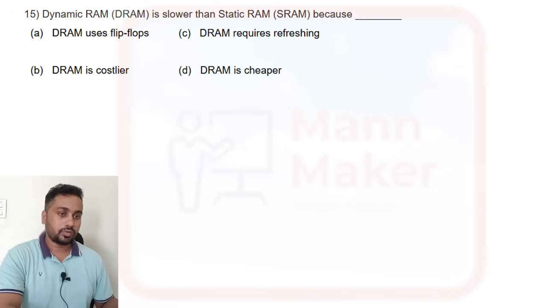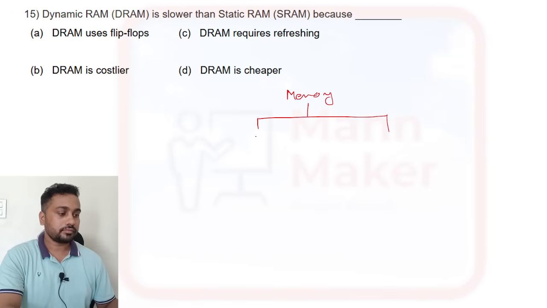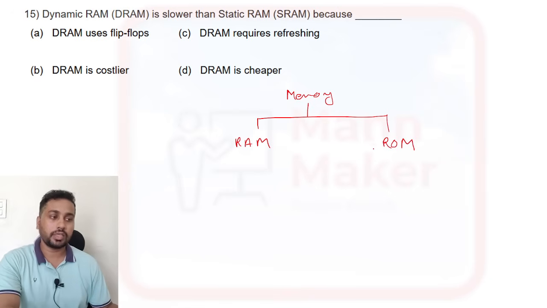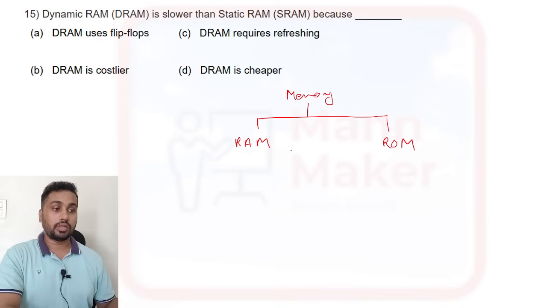Then the last one is what? Dynamic RAM, that is DRAM, is slower than static RAM, that is SRAM, because. So why is DRAM slower than SRAM? If we talk about memory, we have two types. First one is RAM and another one is ROM. RAM means random access memory, and ROM means read only memory.